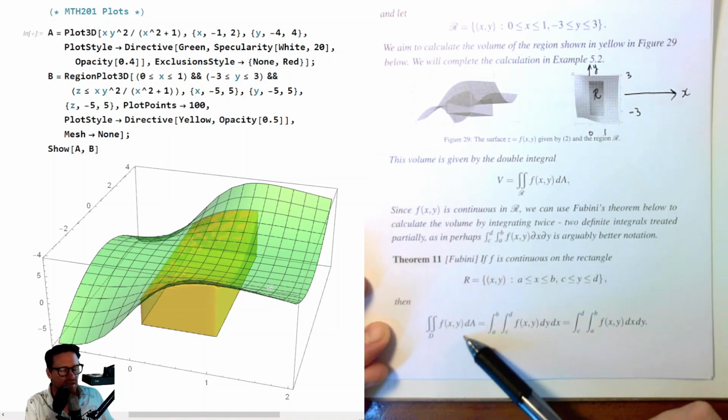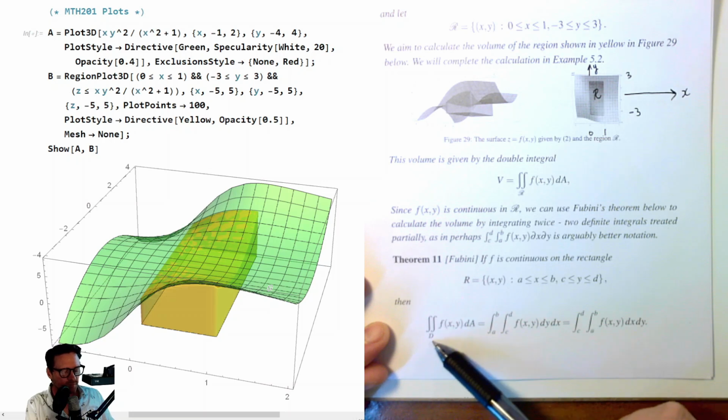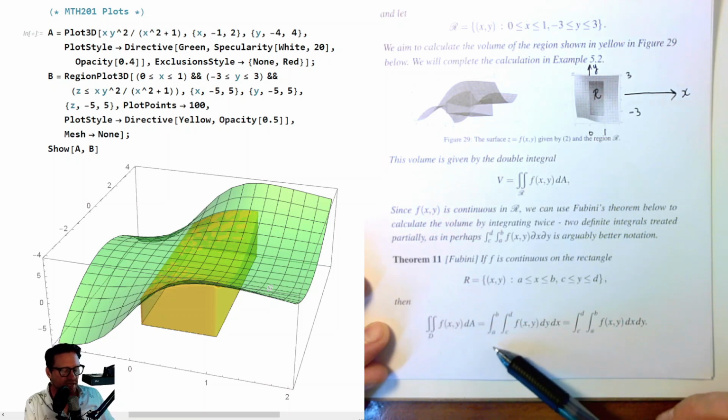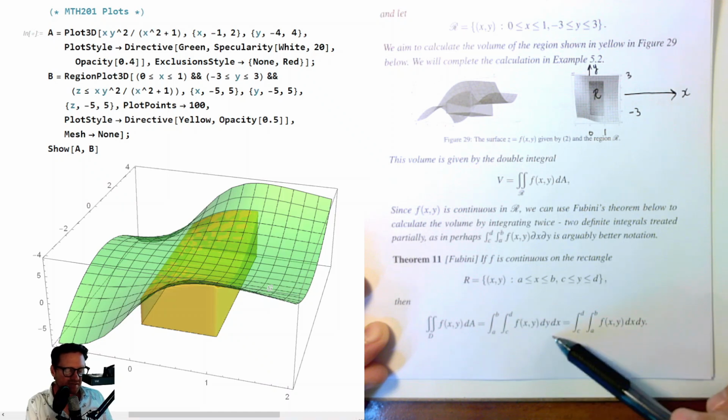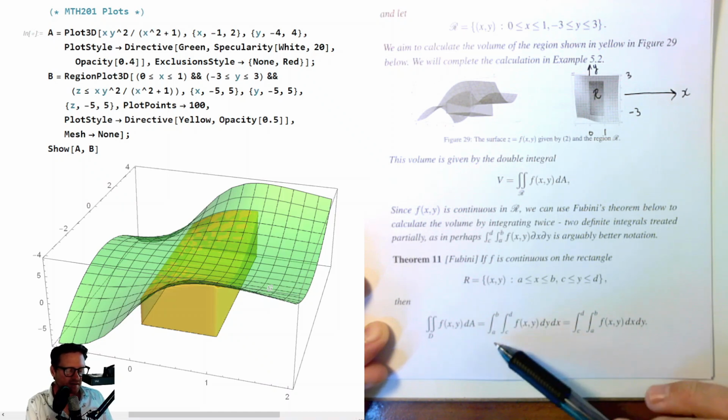So the double integral of this function over the region can be expressed as the integral of f of x y integrated with respect to y from c to d, and then integrated with respect to x from a to b.